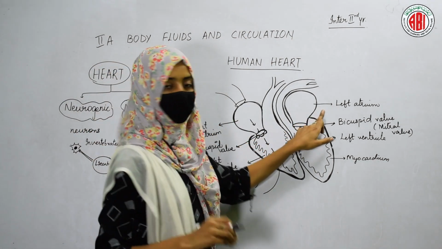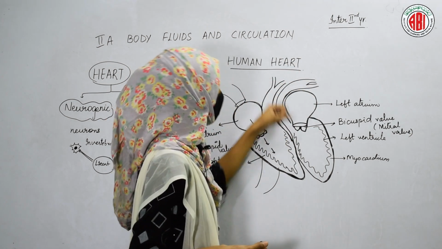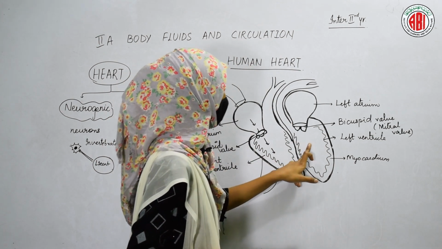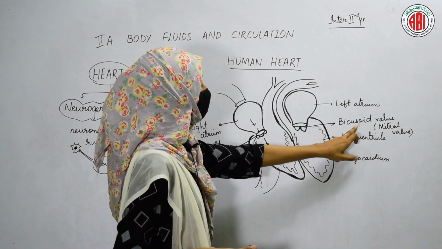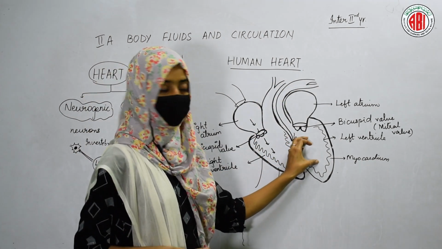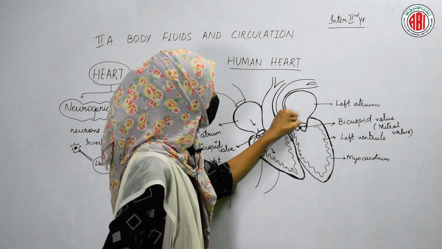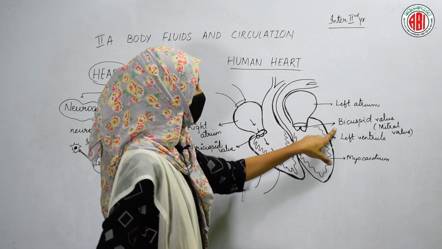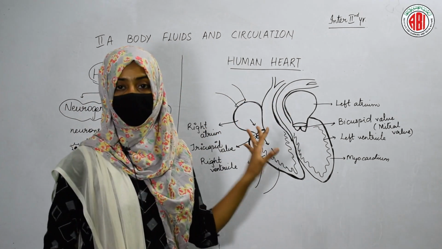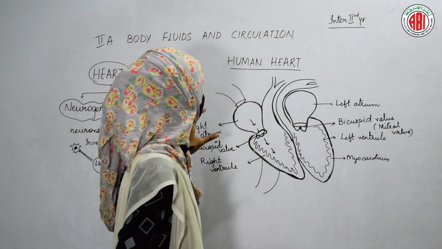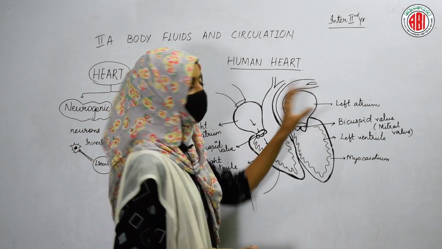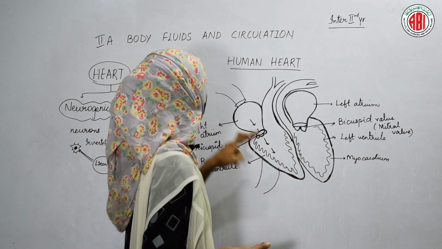Likewise, the left atrium receives oxygenated blood, and this oxygenated blood moves into the left ventricle by the opening of the bicuspid valve. Once the oxygenated blood enters the left ventricle, this valve closes, and due to its closing, the blood cannot flow back into the left atrium. This is how the blood flows in one direction, maintained by the tricuspid and bicuspid valves present between the atrium and ventricle.